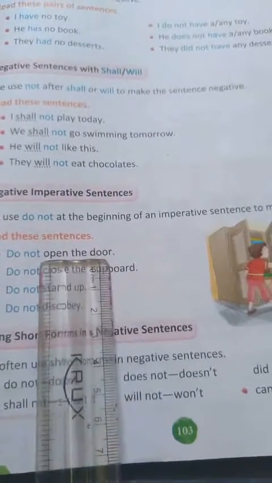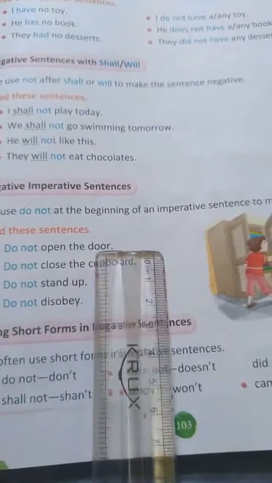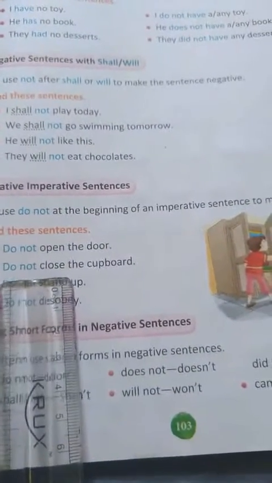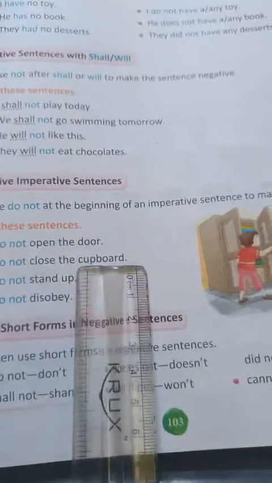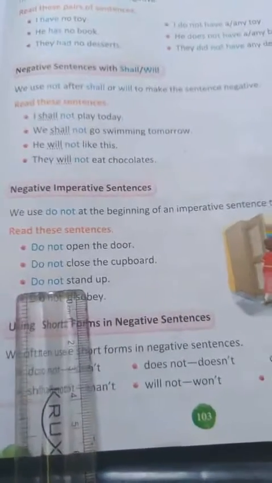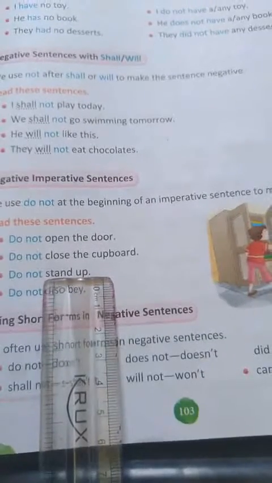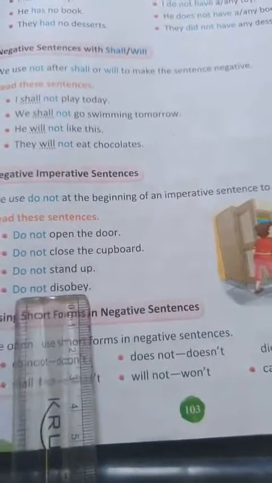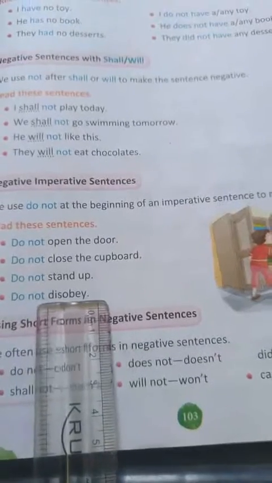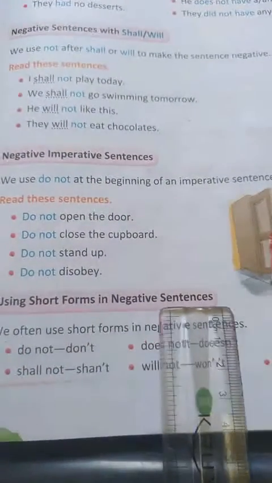The imperative sentence is open the door and the negative sentence is do not open the door. Another example is do not close the cupboard. Do not stand up, or don't stand up. Do not disobey.